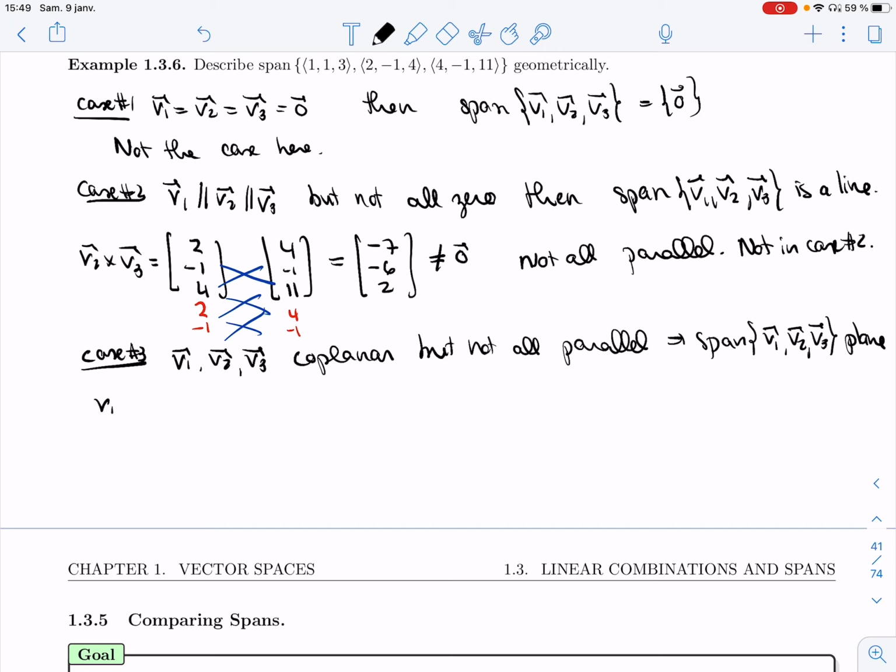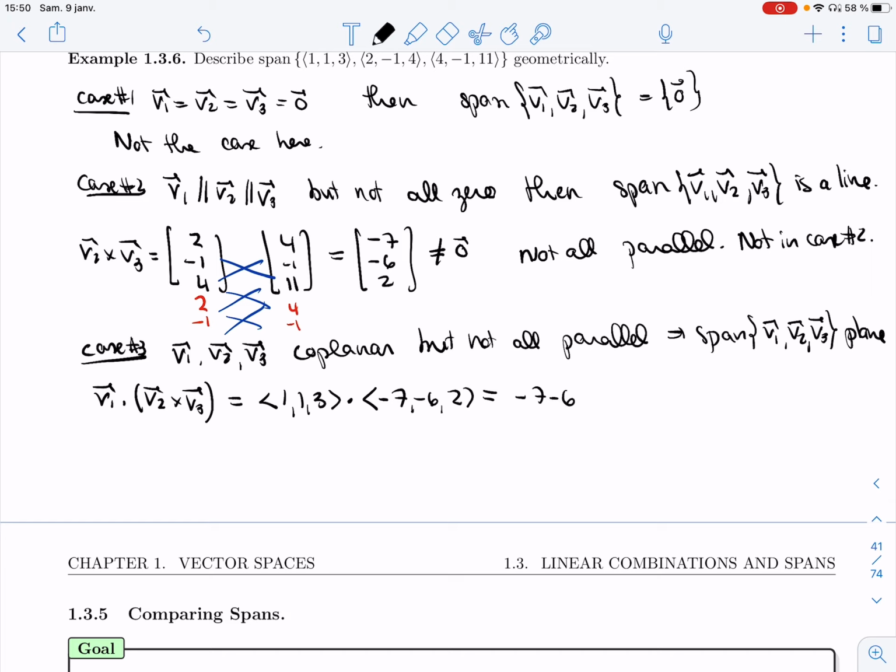And so I'm going to compute V1 dotted with V2 cross V3. So that's going to be the dot product of (1, 1, 3) and the cross product we just computed. So I'm going to get minus 7 minus 6 plus 6. I get minus 7, which isn't 0, so not coplanar.